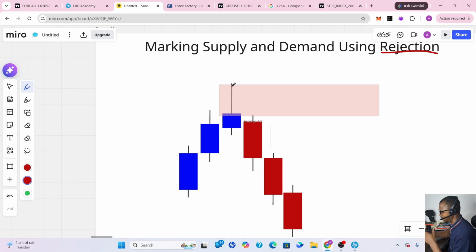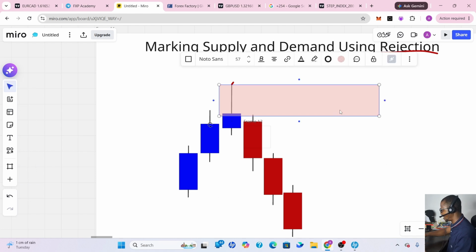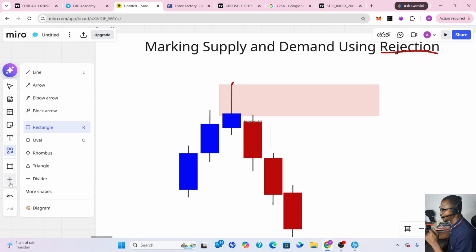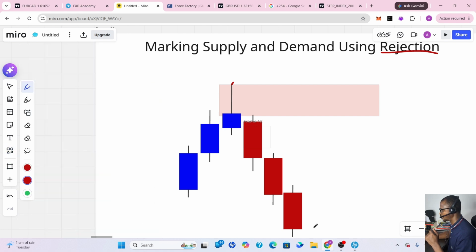Sometimes you may not have a refined order block for you to trade off from, you understand? But sometimes the market will leave a big rejection for you, and you can equally use this rejection to your advantage, right? You can use this rejection, mark the whole of the rejection. The moment the price returns to this rejection block again, it will now become a valid order block for you to trade off from.